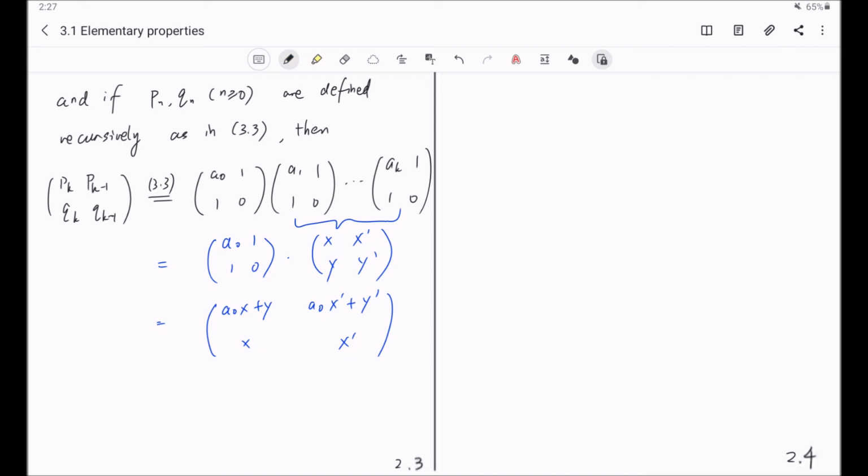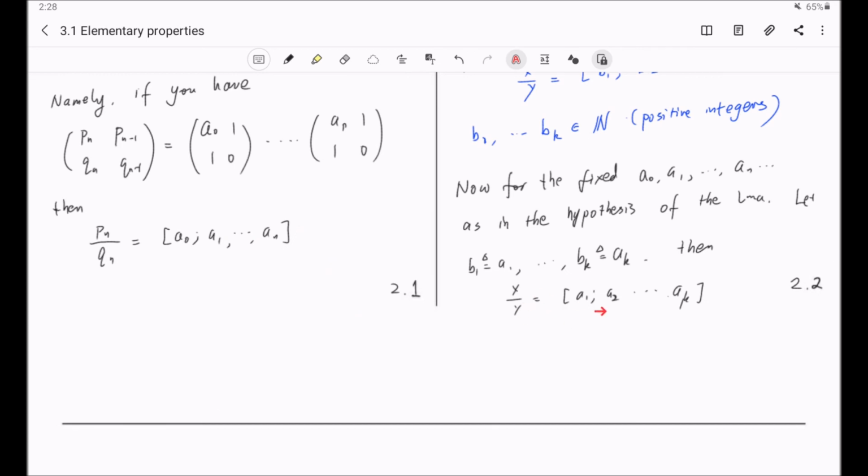And now let's look at p sub k over q sub k. This ratio is a naught times x plus y over x, which is a naught plus y over x, which is a naught plus, so what is y over x here? Y over x here is exactly the reciprocal of this.